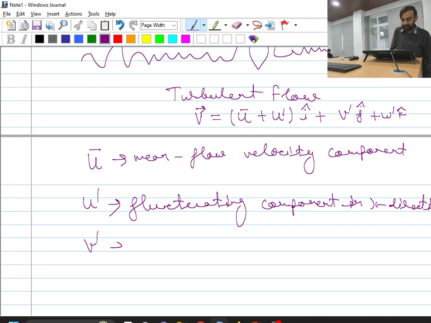Similarly, v dash is the fluctuating component in the y direction, and w dash is the fluctuating component in the z direction.